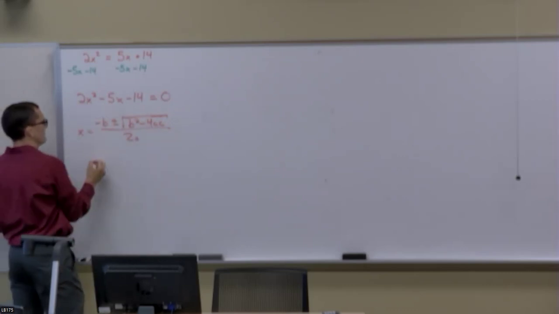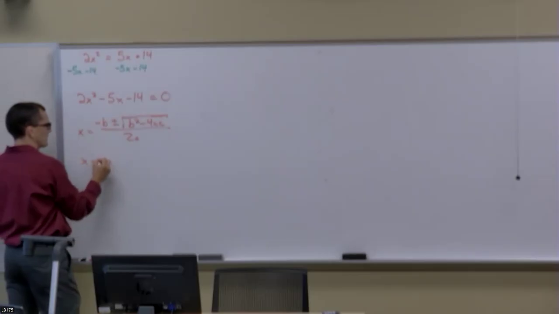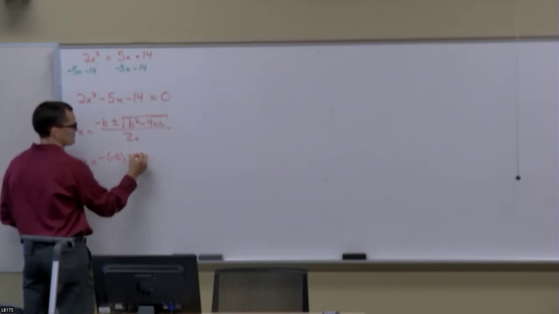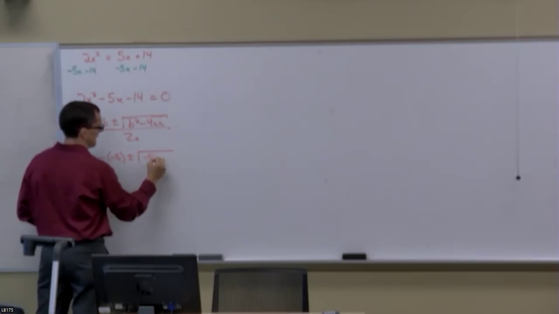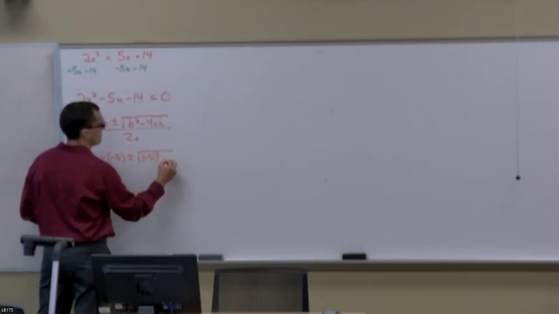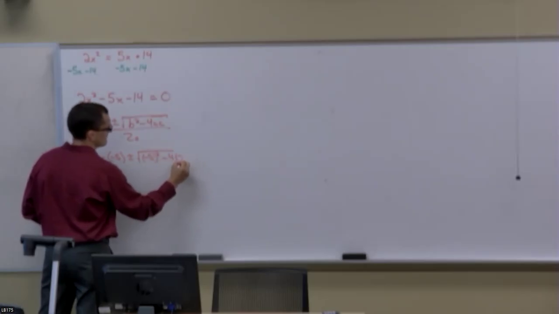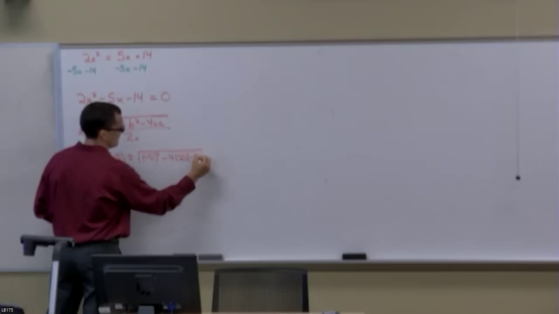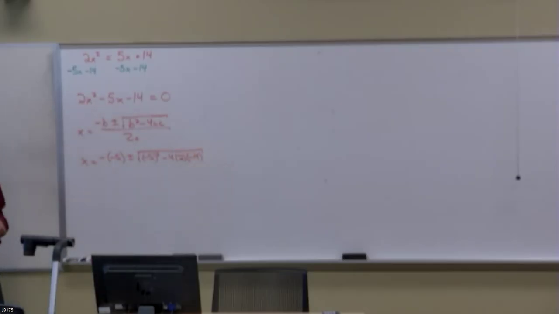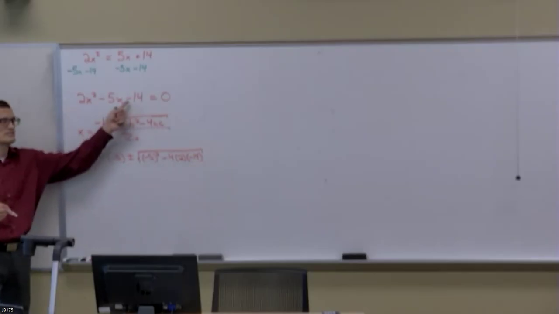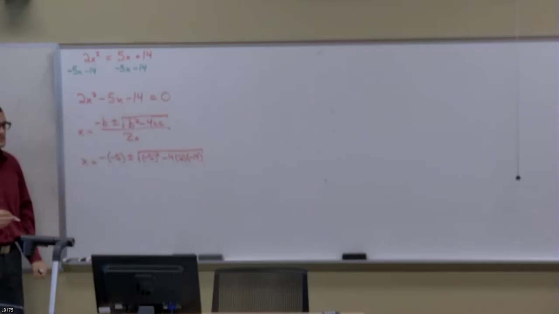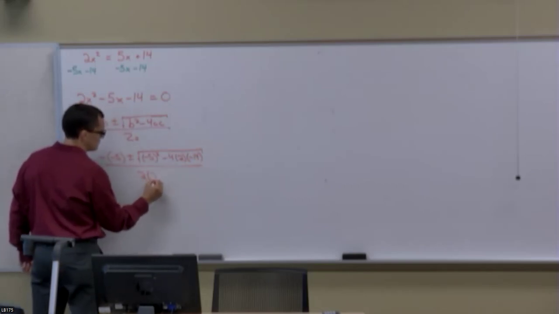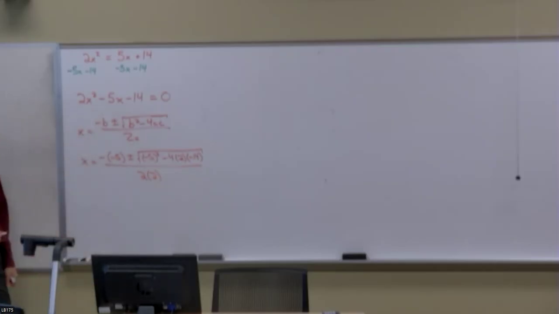b is negative 5, so we're getting the opposite of negative 5 plus or minus the square root. This will be negative 5 squared minus 4 times a positive 2 times a negative 14. Be careful about the positive negative stuff. So 2 is positive, 14 is negative. And then we're doing divided by 2 times 2.